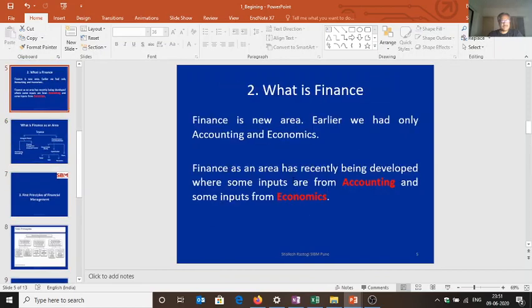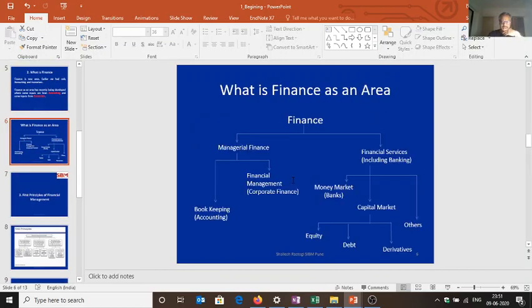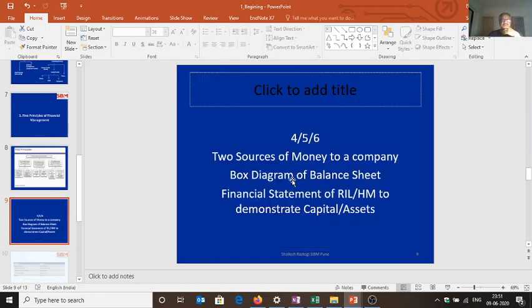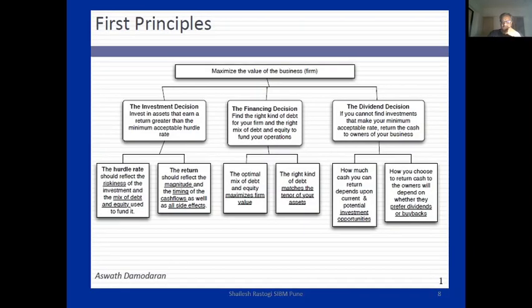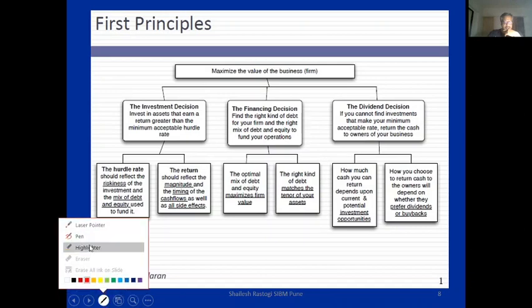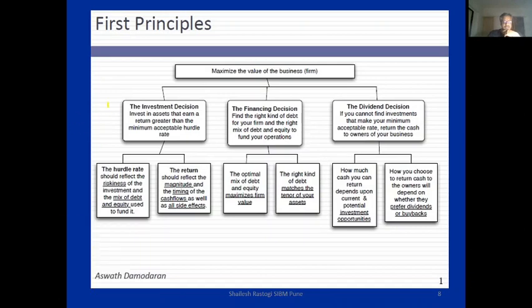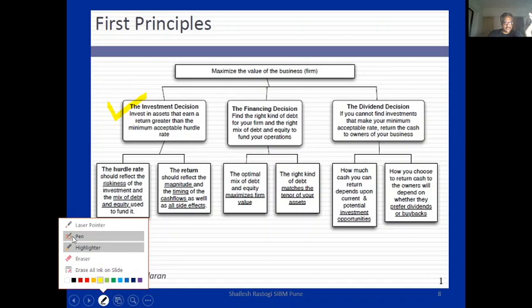This discussion may not be much relevant to what is finance because the course has already started. Let me talk about three basic principles of financial management or corporate finance. This is important because when money is procured, this is usually the order in which we go ahead.